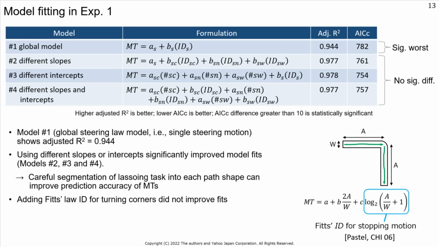This result showed that careful segmentation of a lassoing task into each path shape can improve the prediction accuracy of movement times. We also tested adding a Fitts' law term for turning corners, but the model fits were not improved according to the AICc values.